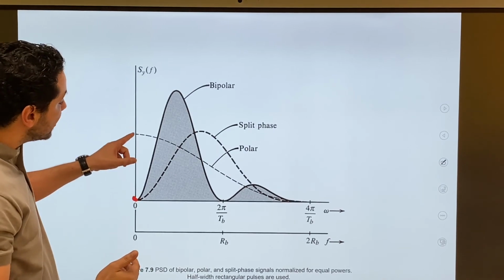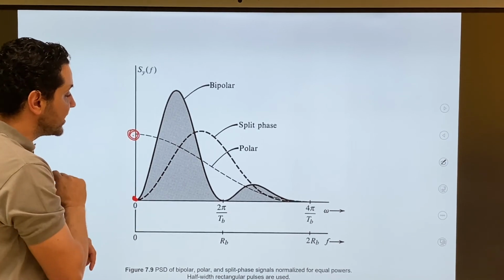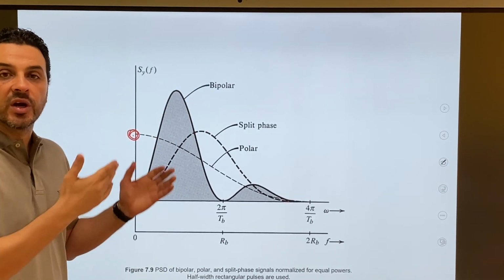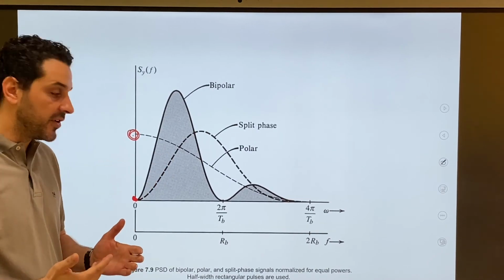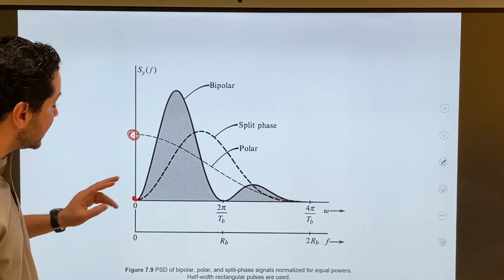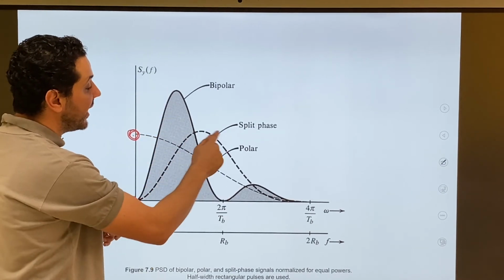Because if you don't have a 0 at DC, like the polar case, this power will not reach the receiver, and hence you are losing this power, and this is not efficient. So it's a good thing to have a 0 DC in your line coding scheme. And this is satisfied by the bipolar and also the split phase.